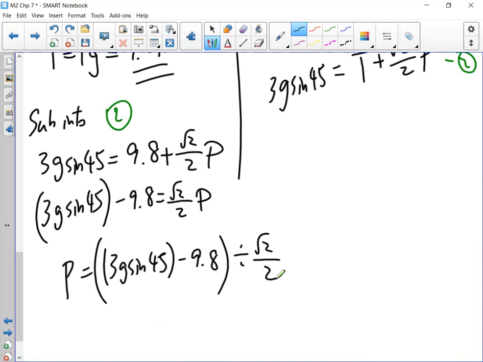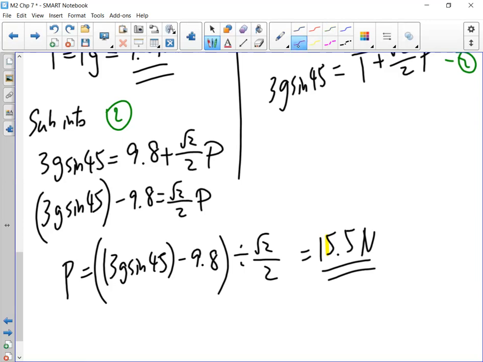So that's what I'll put in the calculator: 3 times 9.8 sine 45 minus 9.8, divided by root 2 over 2. You should put it in the calculator once, see if you got an answer same as mine. I got 15.5 Newton. I'm going to store this value in A.